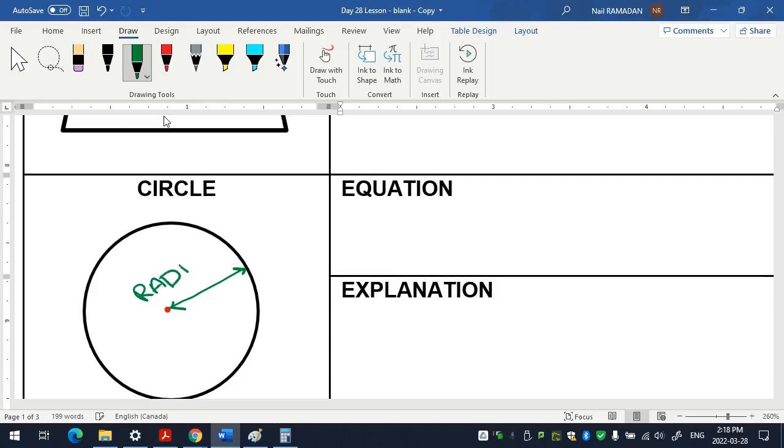What do you think the symbol for radius is? You're right. R. I've seen people do uppercase R, like capital, and I've seen people do lower. I like to use lower. So I want you to put R here. That's it. Go ahead, come on.